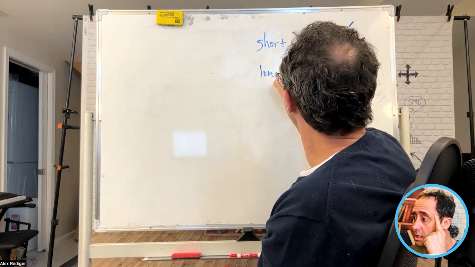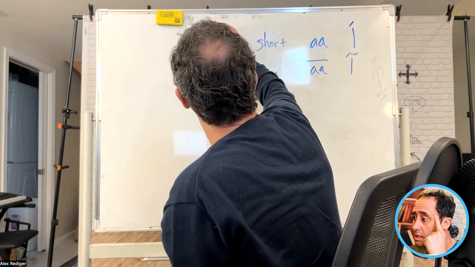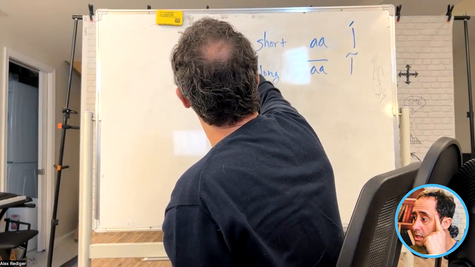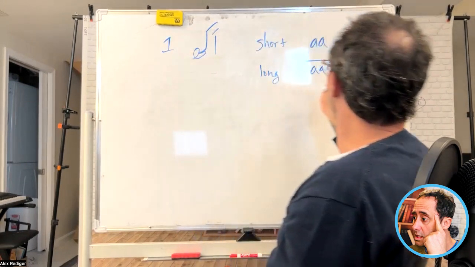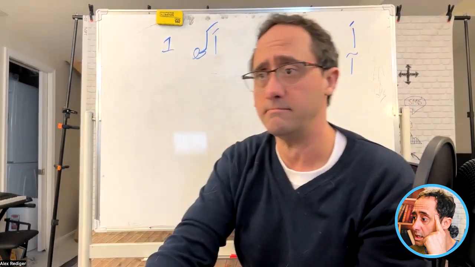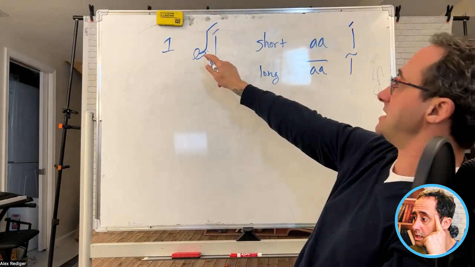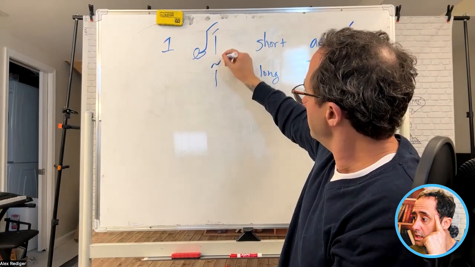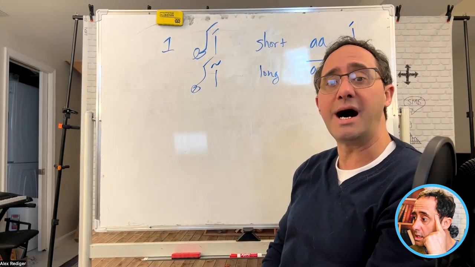Long. So ak is one. If I would have this, it would be longer. If it was written like this, it would be ak.